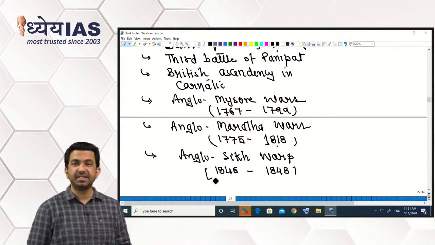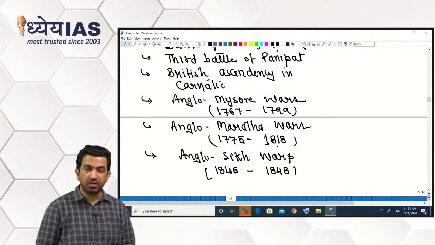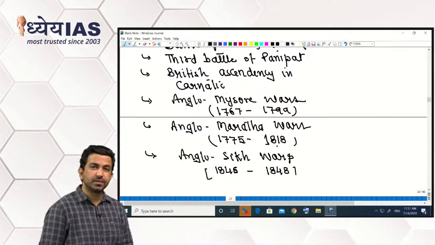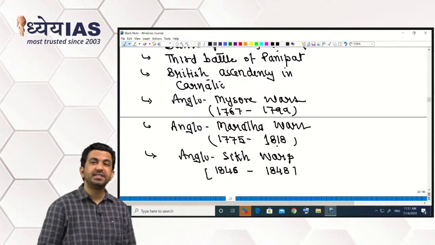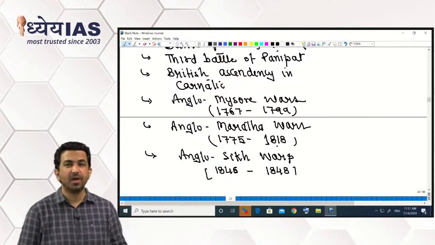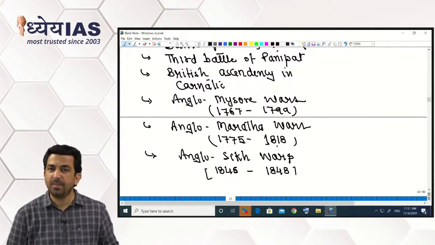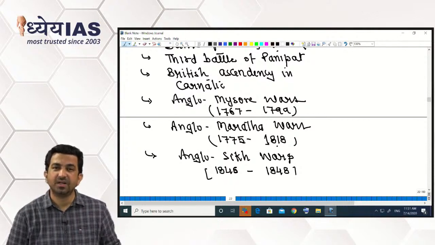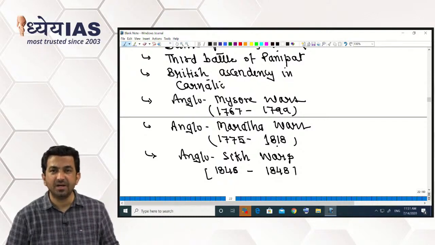The British East India Company fought two wars against the Sikh kingdom founded or established by Maharaja Ranjit Singh. And eventually in 1848, the Sikh kingdom became a part and parcel of the British India territory.